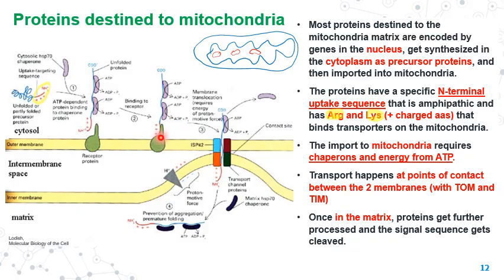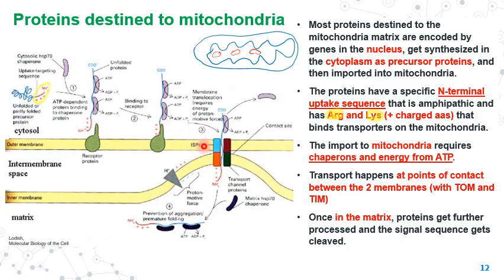So now let's see what is going to happen here. This thing here is going to allow the interaction of your zip code to transporters. Okay? So transporters are channels, right? So here you're going to have a transporter that is in the outer membrane, and you're going to push this thing through.